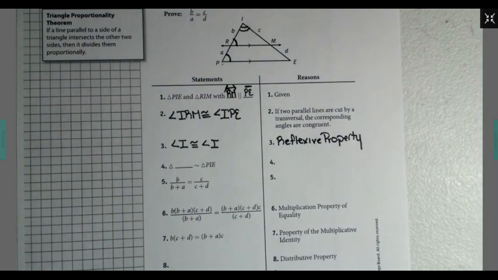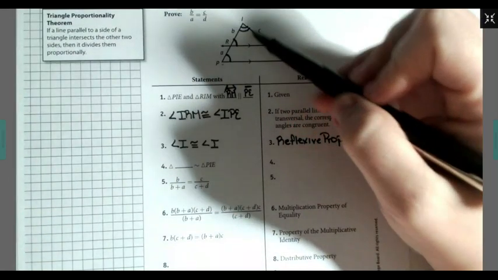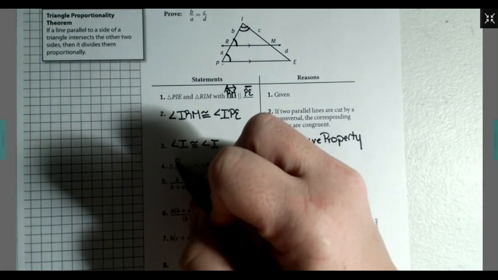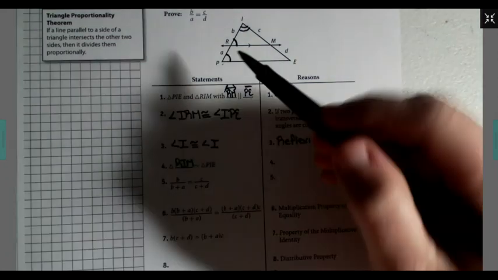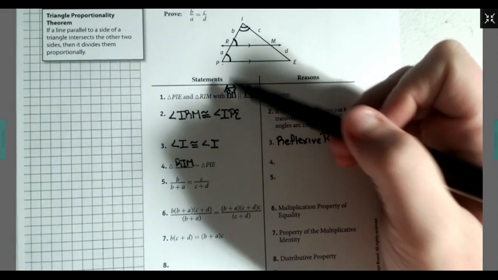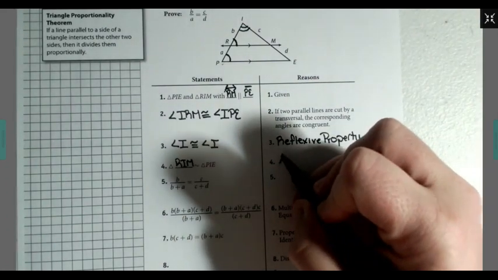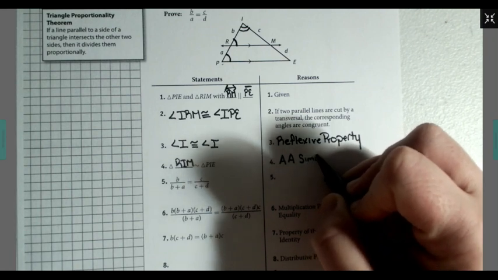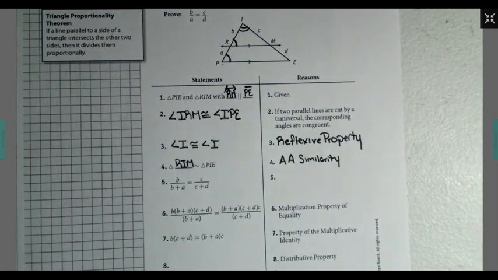So what triangle is similar to PIE, and what is the reasoning behind it? Well, PIE and RIM would be similar, and my reasoning behind that would be two angles from one triangle to the other are congruent. So we do an angle-angle similarity.